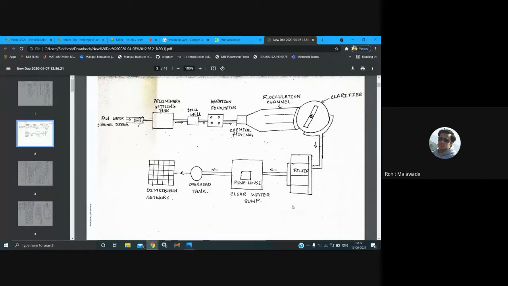Now in today's class, we are going to discuss what filtration is, why filtration is important, and that after filtration we have disinfection. We will discuss its construction, how many types there are in the filtration process, what different materials we use, and what its efficiency is. Everything regarding filtration we are going to discuss.